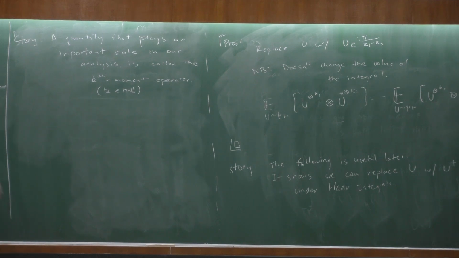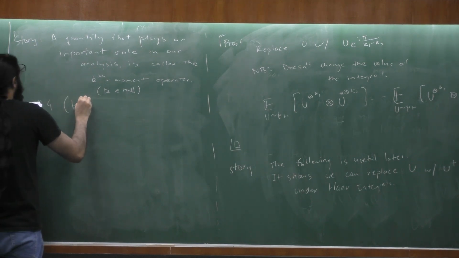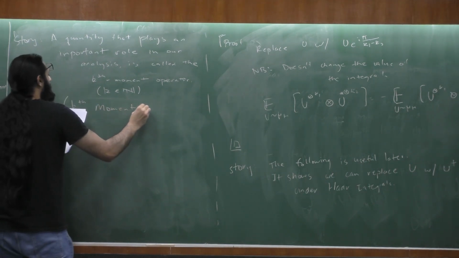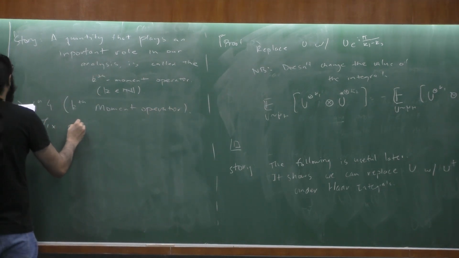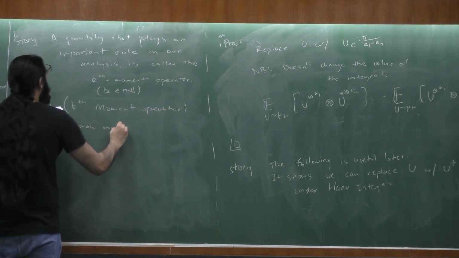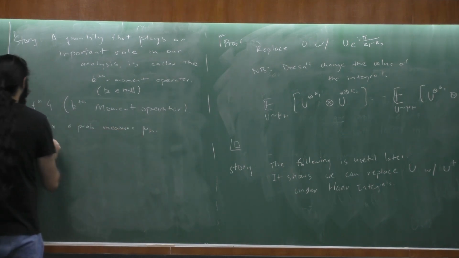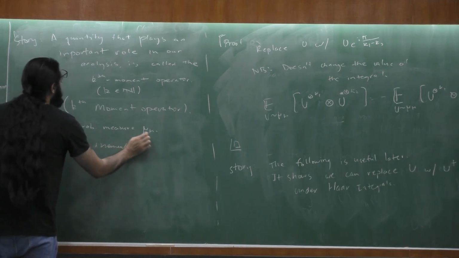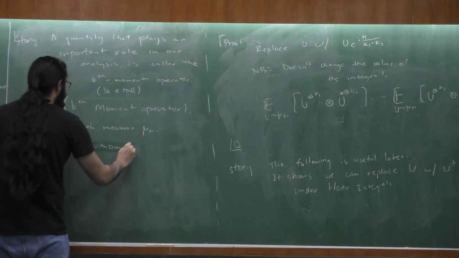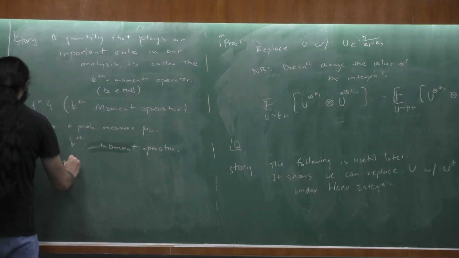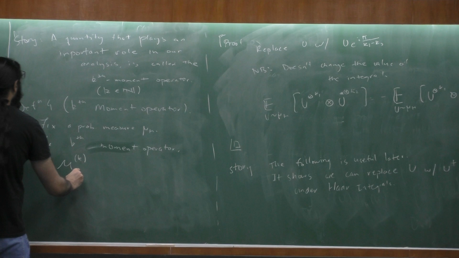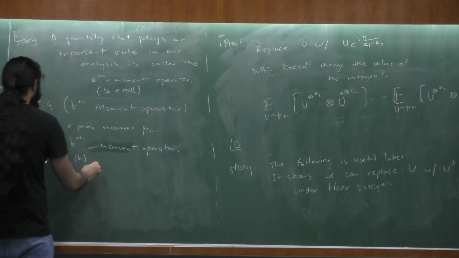The quantity is the following. Fix a probability measure mu h. Then the kth moment operator is given by the following. So you have M_k, the kth moment operator relative to the measure that you defined. So we're using the Haar measure.